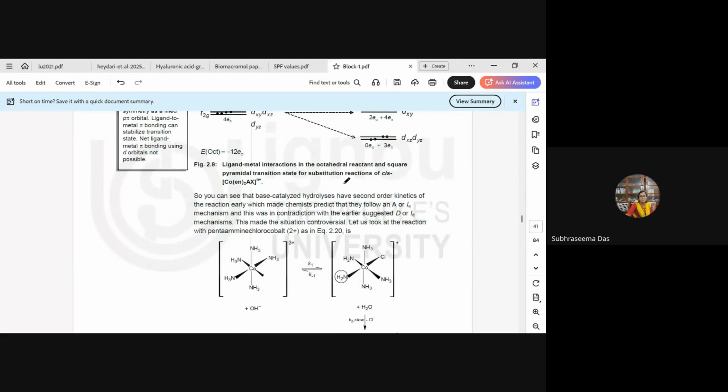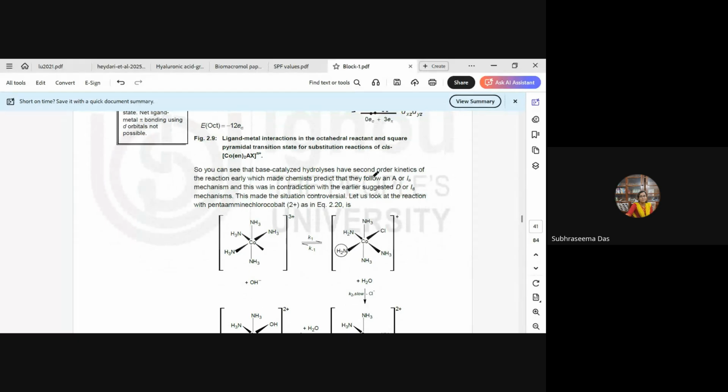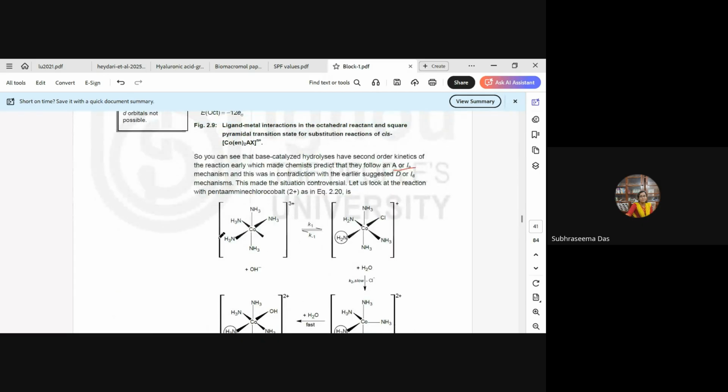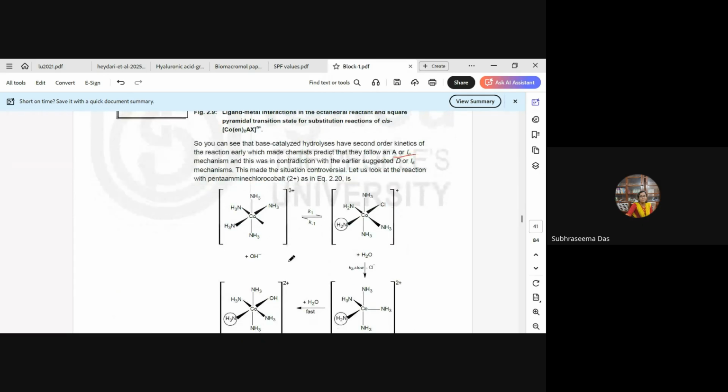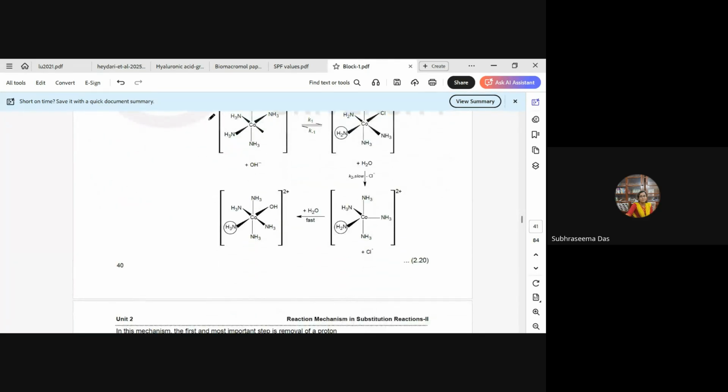Here we see that base catalyzed hydrolysis has second order kinetics, which made everyone think that they have an A or IA mechanism. The entire mechanism has been shown with the example of pentaamminechlorocobalt 2+.